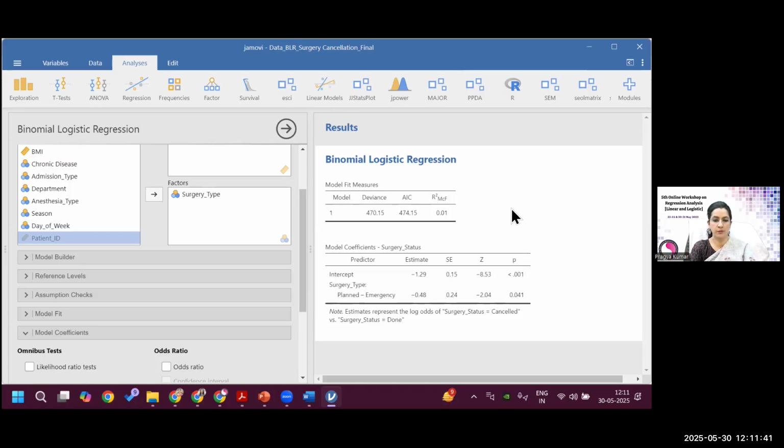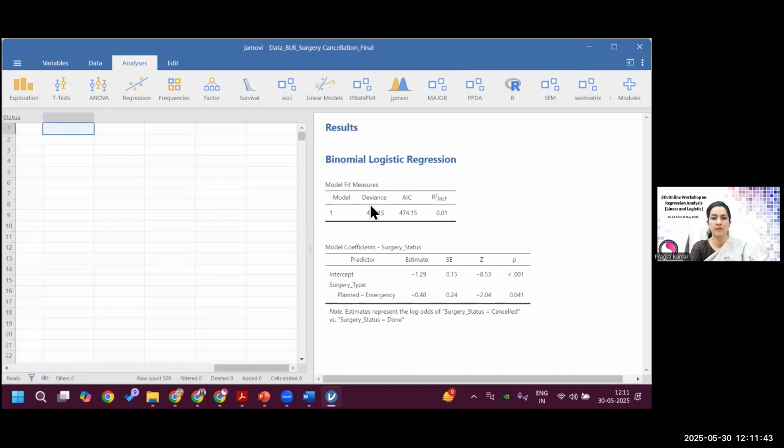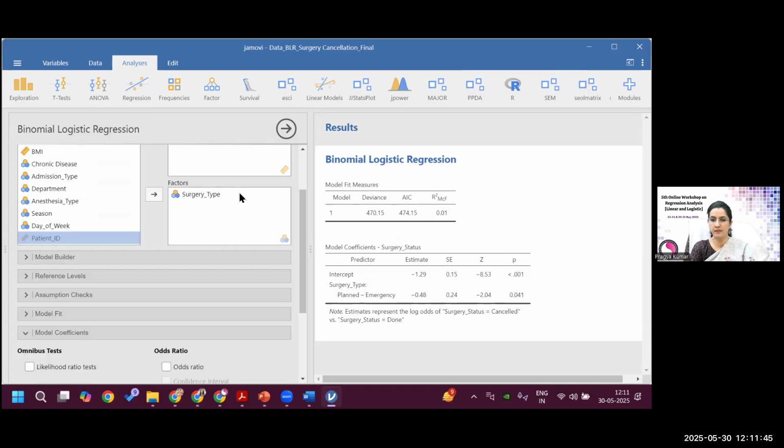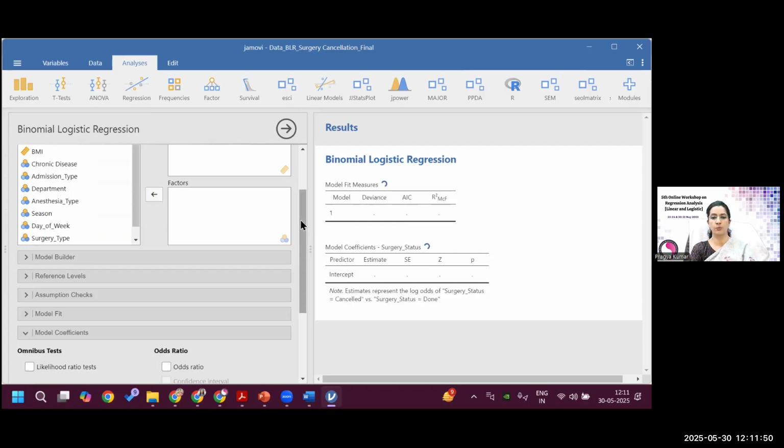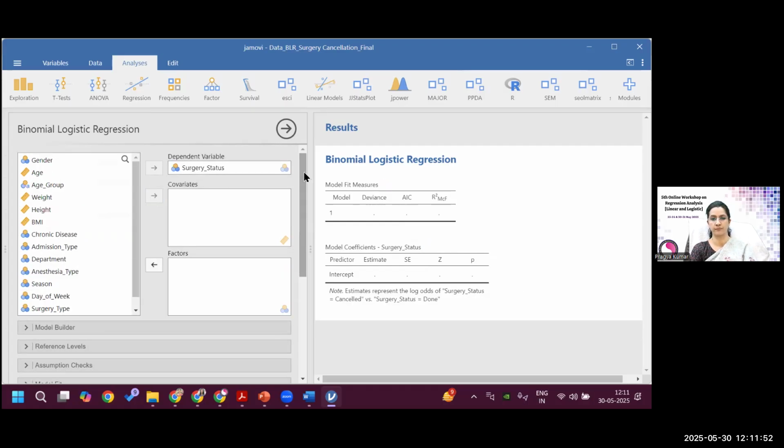Now, this was the decision of what all to keep in the final model. Now I will enter only those variables which are up to a p-value of 0.2.